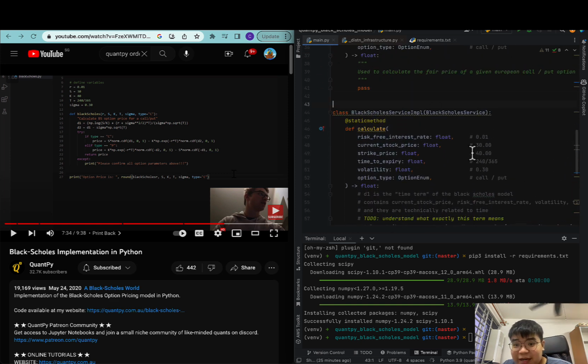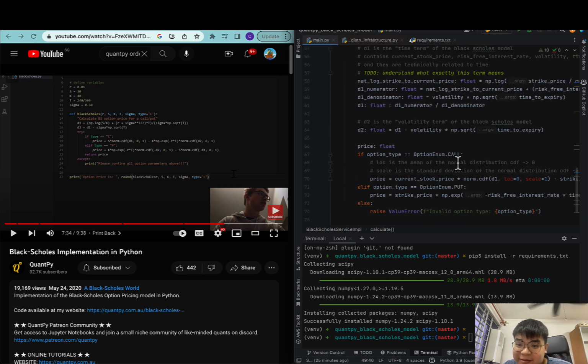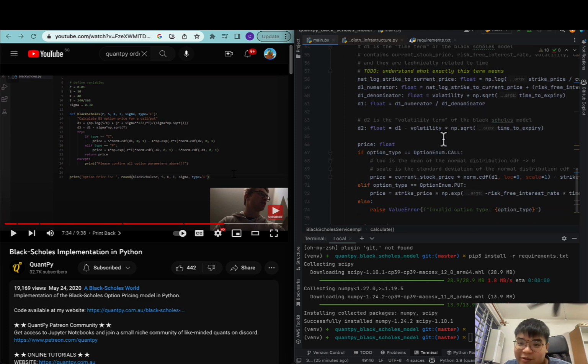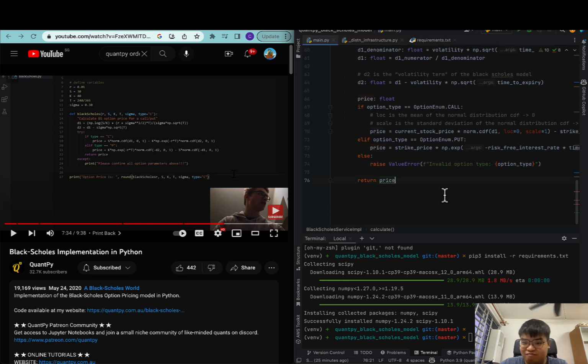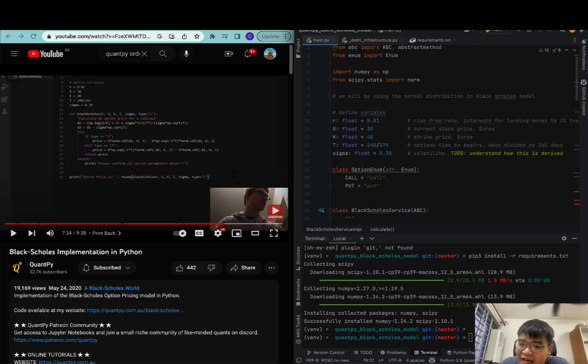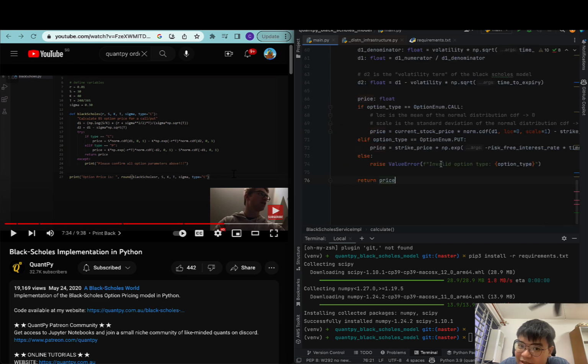I think the Black-Scholes model is more difficult because of the terms. I don't think it's really hard to come up with this formula. It's just that understanding this formula is probably the harder part. That said, I don't think we have to necessarily understand every single term in this Black-Scholes implementation for now.